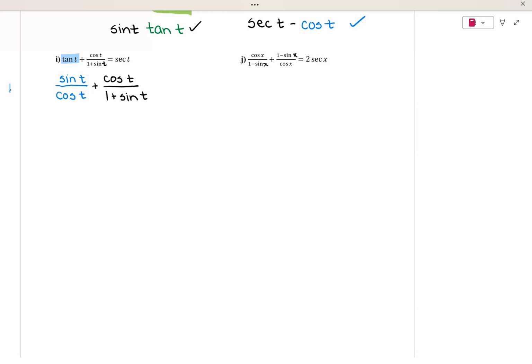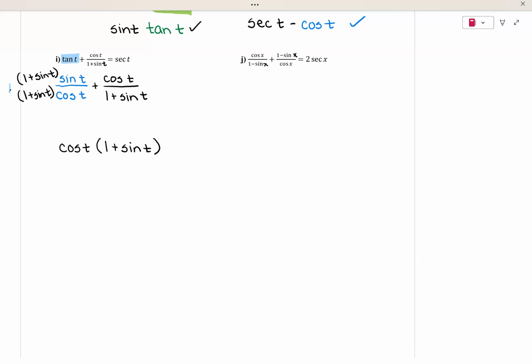Well, we have two separate fractions, so let's at least try combining them and see what happens. So we need that common denominator. So it looks like the common denominator will be cosine of t times 1 plus sine of t. So that means this one has to get multiplied by 1 plus sine of t. What you do to the bottom, you do to the top.